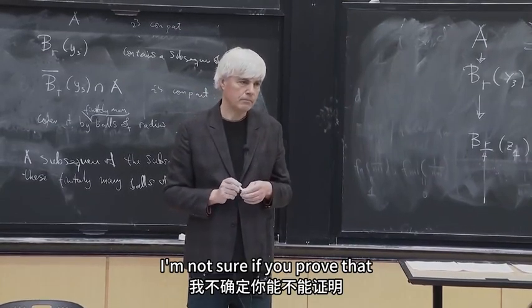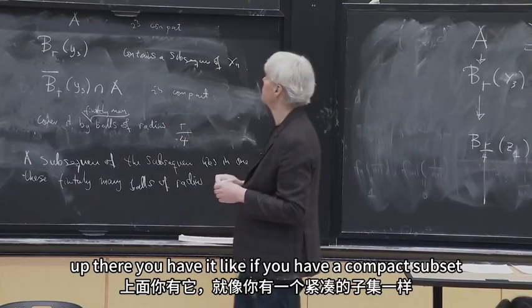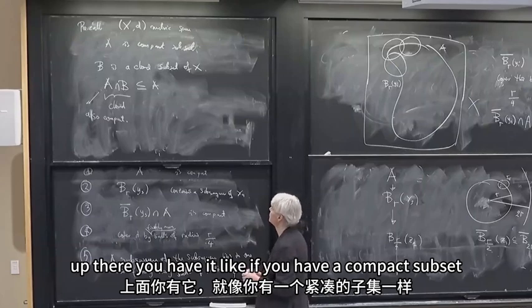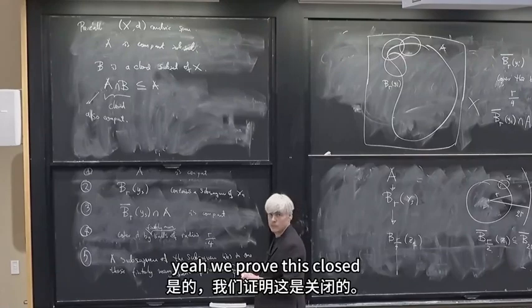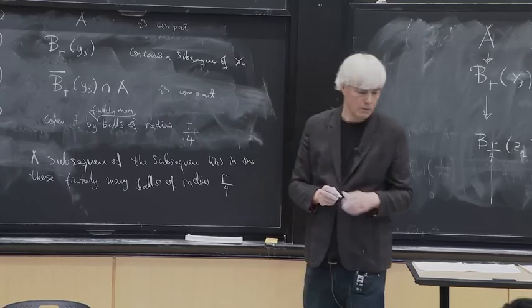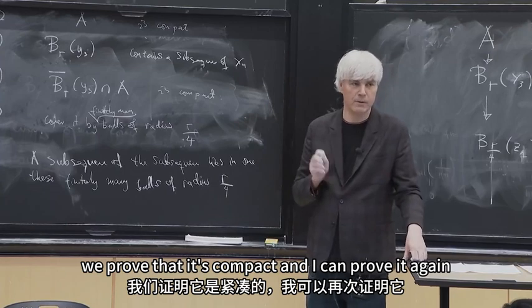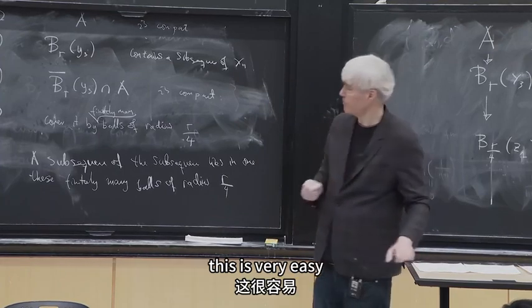I'm not sure if we proved that if you have a compact subset and take the intersection with a closed subset, we proved that it's closed. Did we prove that it's compact? We proved that it's compact, and I can prove it again because it's very easy.